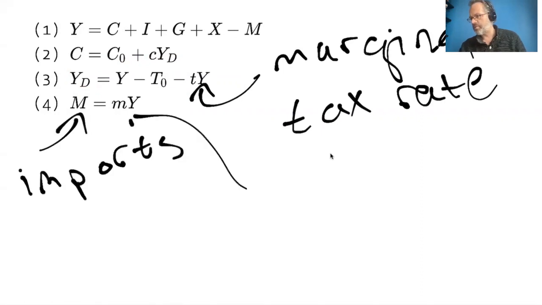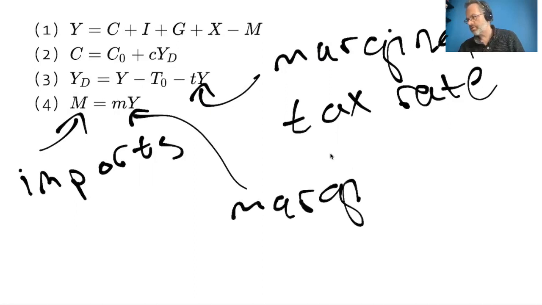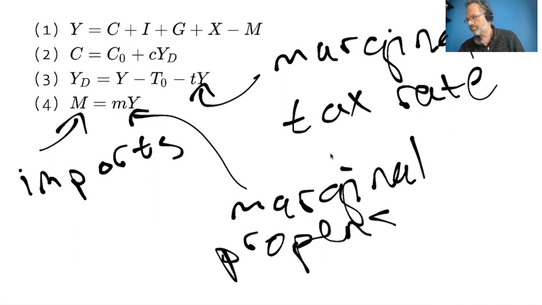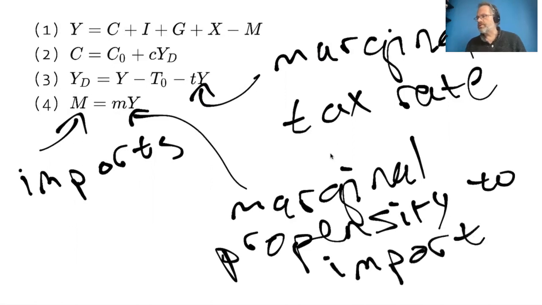And that we're making imports just a function of income. So we've got our marginal propensity to import.